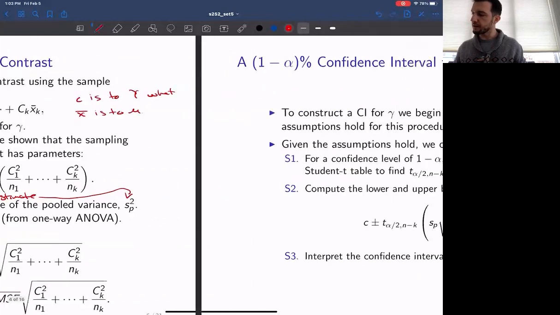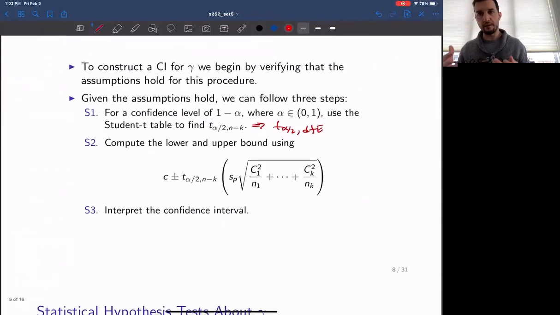Our inferential approaches are going to be very similar to what we saw before. The only differences are that the formula we utilize to compute the interval and the test statistic of the hypothesis test are going to change to accommodate the pooled variance estimate and the coefficients of the contrast.